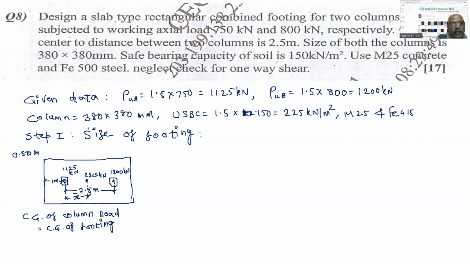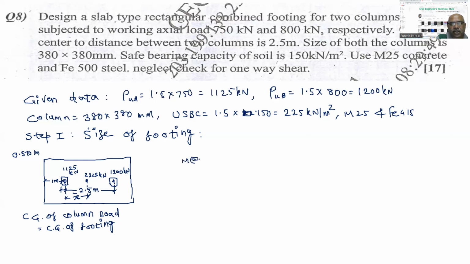Therefore, L by 2 is equal to 1 plus 0.19 plus X bar. Now, how to find X bar? We have to use Varignon's theorem, which says the moment of components about a point is equal to the moment of the resultant.